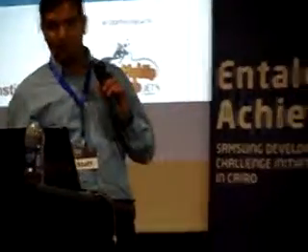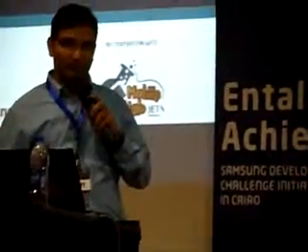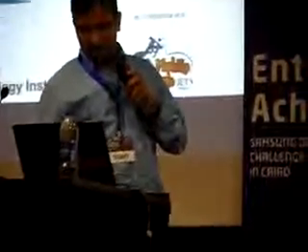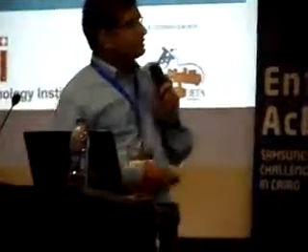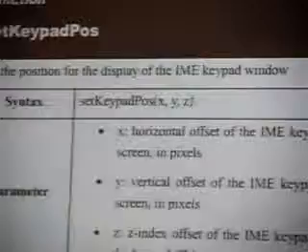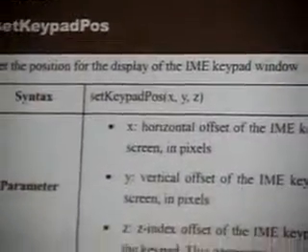Earlier it was any key pressed, now you need to provide the key code of a specific button of the remote, and then the function. This is set key pad position, to provide a position for the IME which will be displayed on the screen.